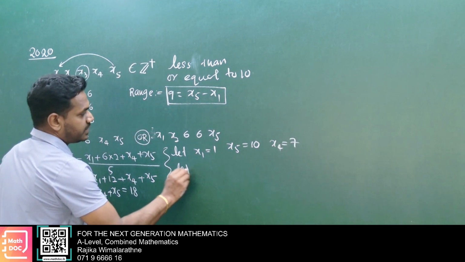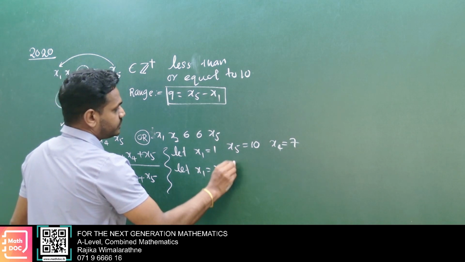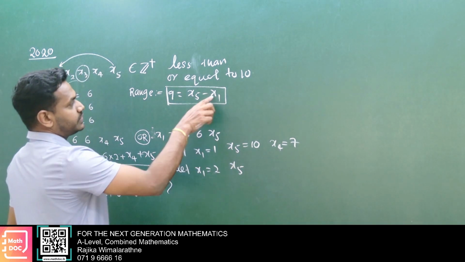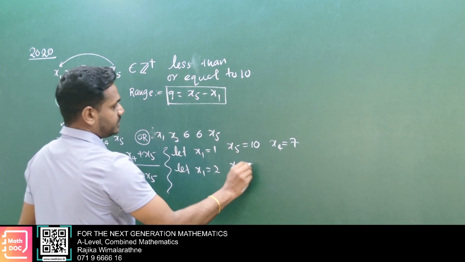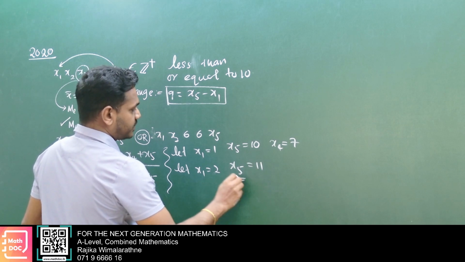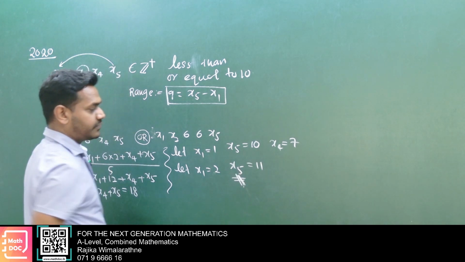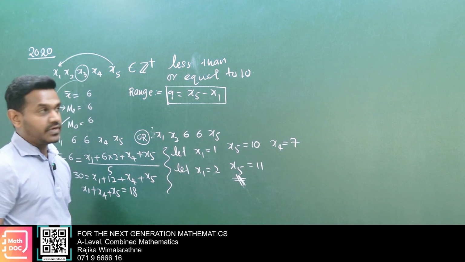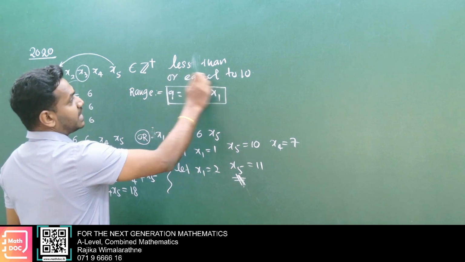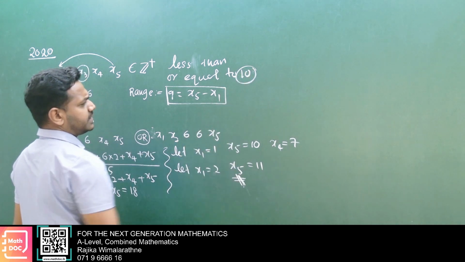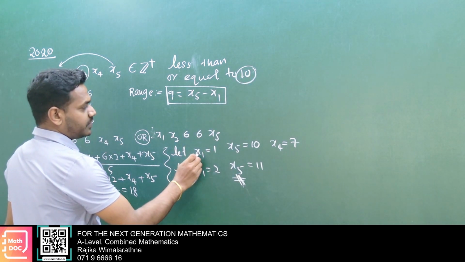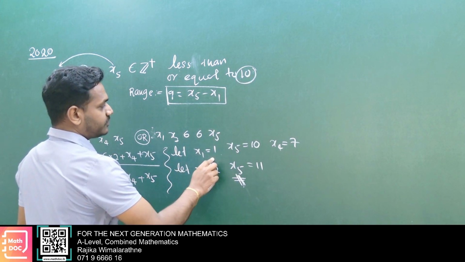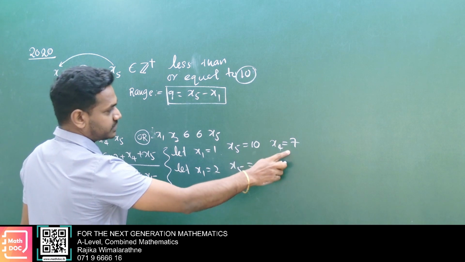Then let x1 equal 2, x5 equals 11. Now it is completely wrong, that cannot happen. Forget it. Because values are less than or equal to 10, this is a very important relation. Therefore the only possible values are x1 1, x5 10, x4 7.